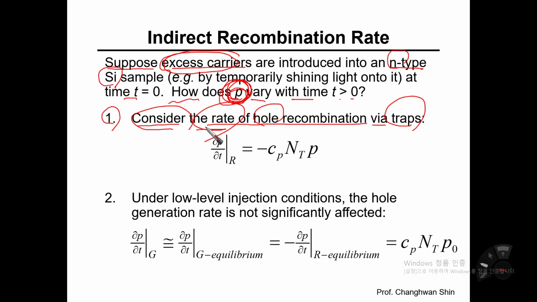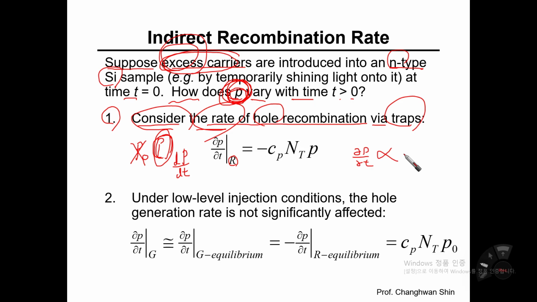Hole concentration means p, but are we talking about p naught or p? Yeah, p, because now excess carriers are injected into this n-type material. We are not talking about p naught. We talked about p, so p varies over time. So dp over dt, or round p over round t, in terms of recombination is proportional to what?